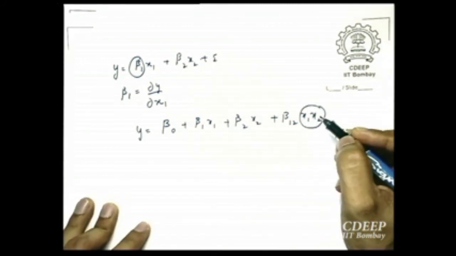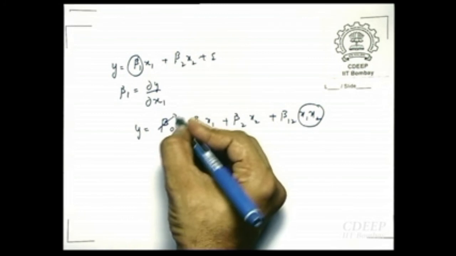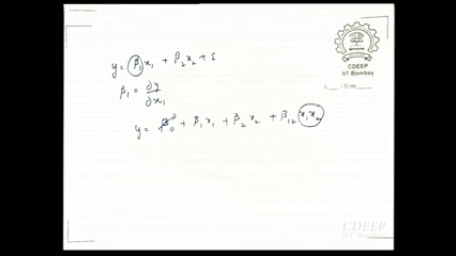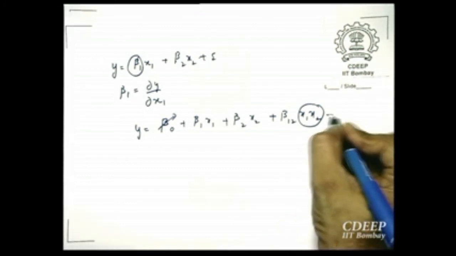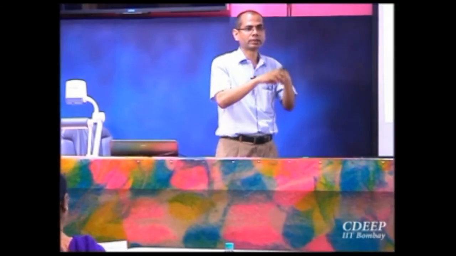Now if you generate data and you want to estimate, let's say, beta 1, let me ignore beta naught, without any loss of generality I can ignore it, and of course error is always there. If you now want to estimate beta 1, beta 2 and this coefficient beta 1,2 as well, you will not be able to estimate it if you are only varying x1 separately and x2 separately, because there is no run when both of them have been varied together.